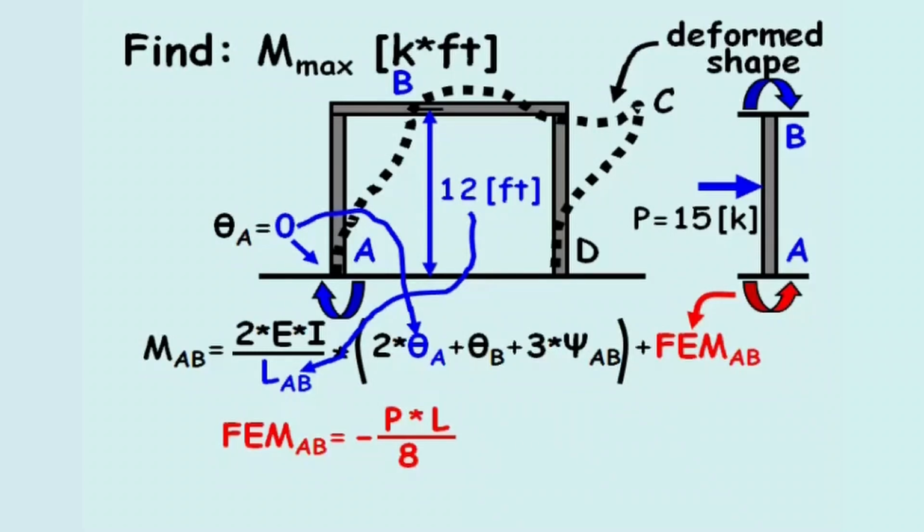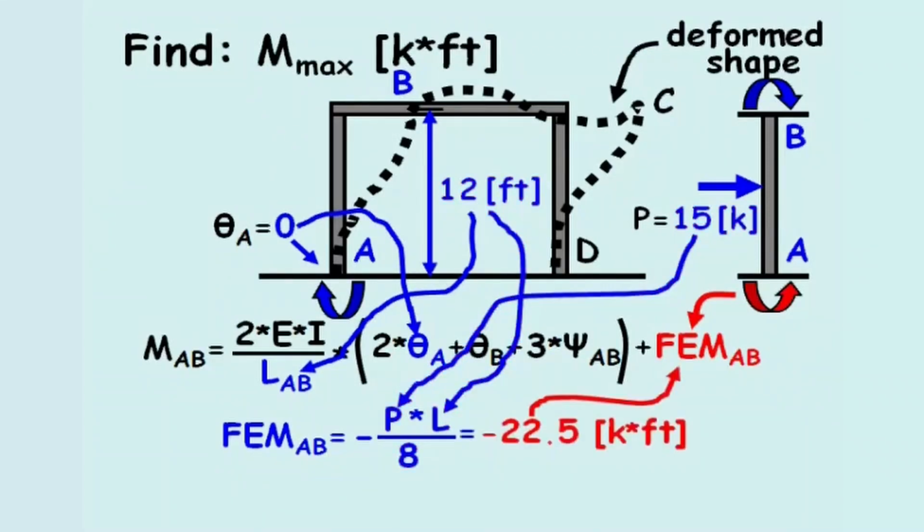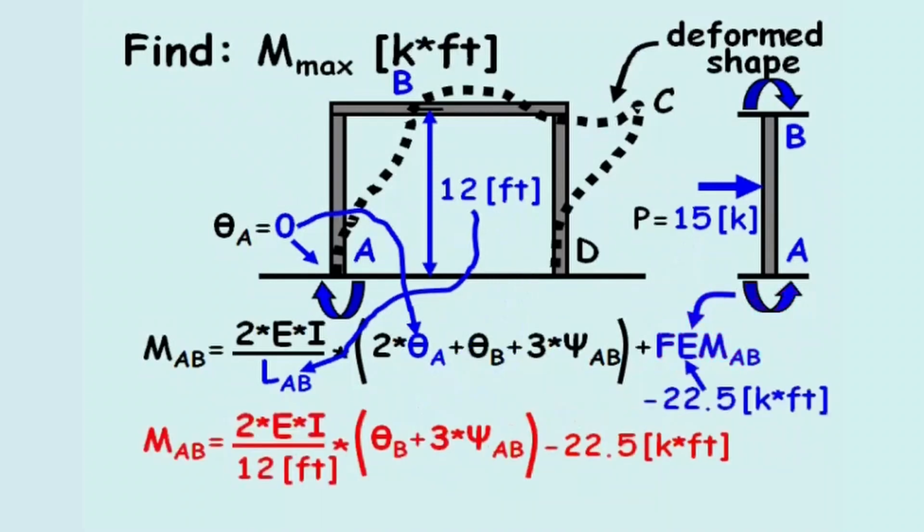Since this moment is in the counterclockwise direction, it is negative, and equals negative 22.5 kip feet. Simplifying the equation, the moment AB equals 2EI divided by 12 feet times the quantity theta B plus 3 times psi AB minus 22.5 kip feet.